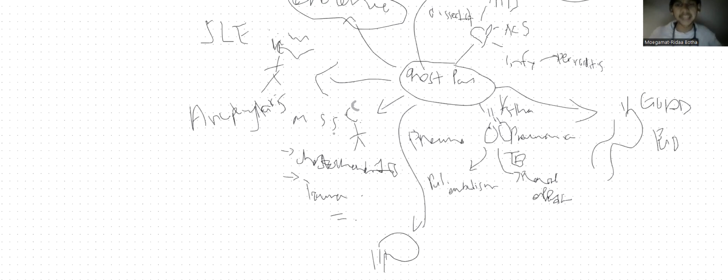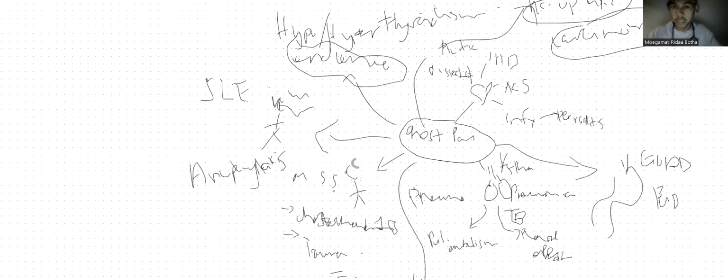Cardiac problems: you think of blockage in the arteries, acute coronary syndrome or IHD. Think of infection, pericarditis, myocarditis. Think of aortic dissection. For respiratory problems, think of asthma, pneumonia, TB, pneumothorax, pulmonary embolism, pleural effusion, pulmonary edema.